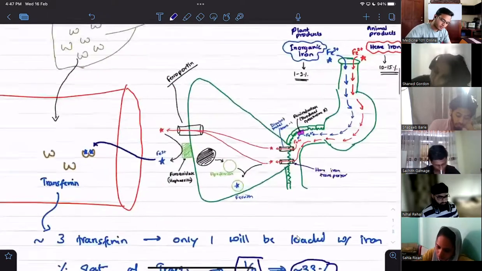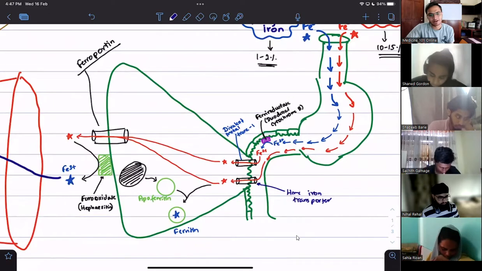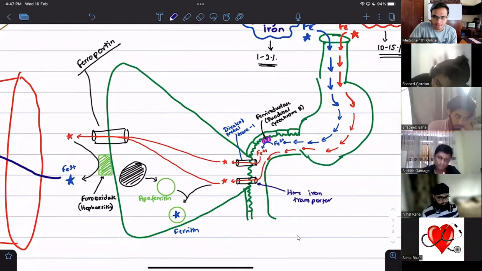One more function of these duodenal epithelial cells. Whenever they get the signal, they can either help storage of the iron within themselves, or they will push it via the ferroportin out into the blood. That is their function there.